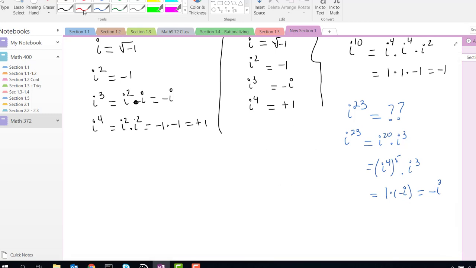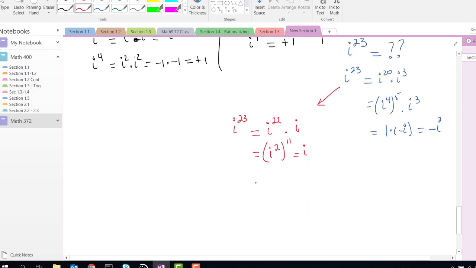Now somebody else could come and say, well, I know that i squared is -1, so I'm going to write i to the 23rd as i to the 22nd times i, because that gives me 23. And then i to the 22nd is i squared to the 11th. And i squared is -1.